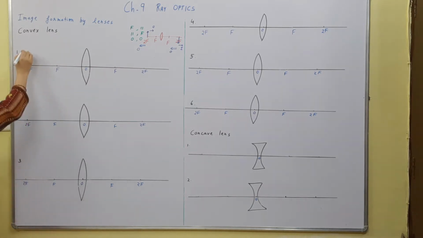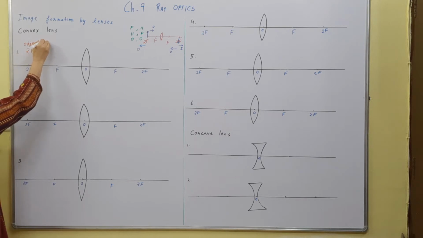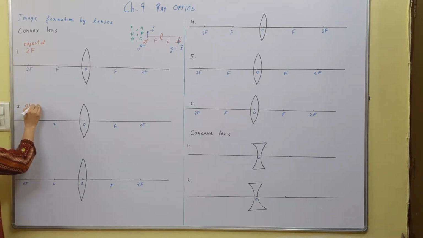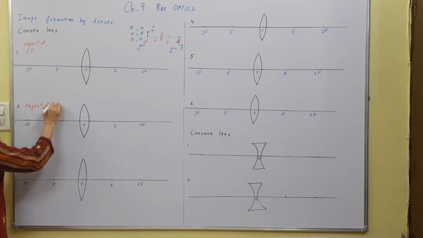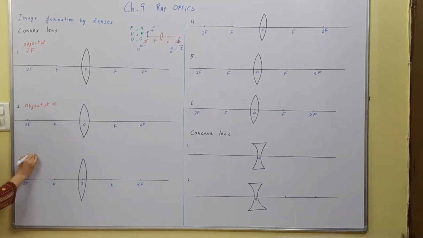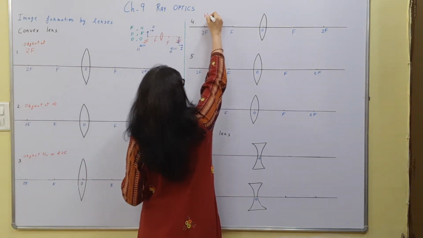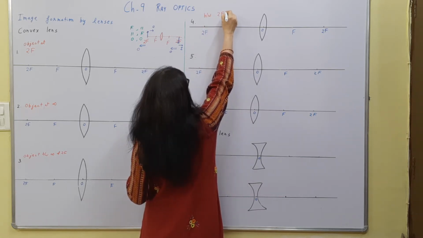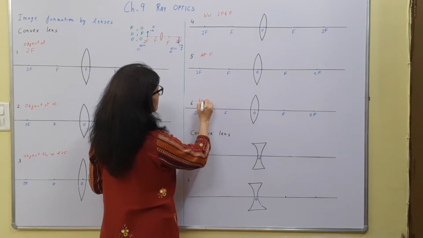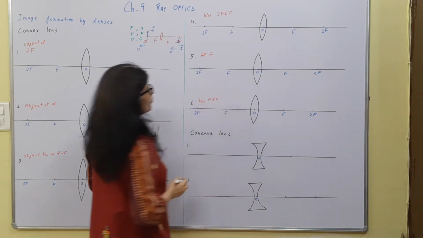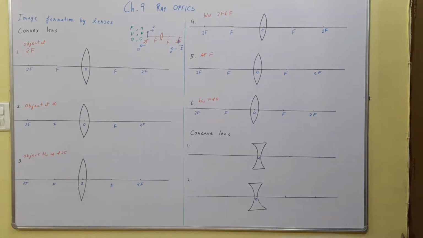If the object is at 2f, then we have object at infinity, then object between infinity and 2f, then between 2f and f, then object at f, then between f and O. So these are the 6 positions for convex lens which we are going to discuss.